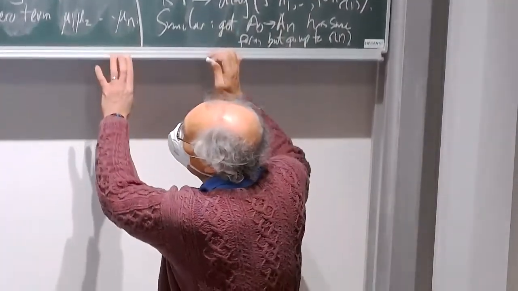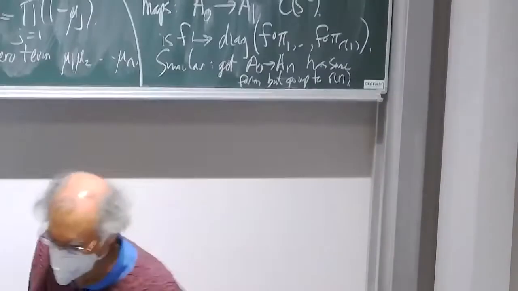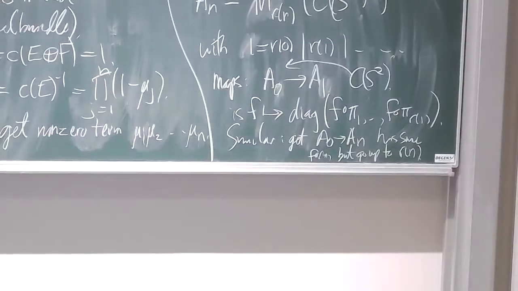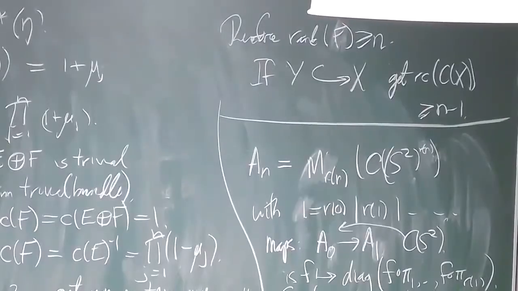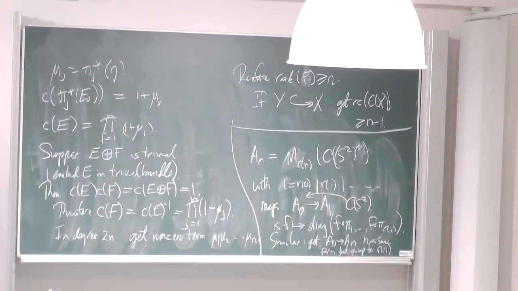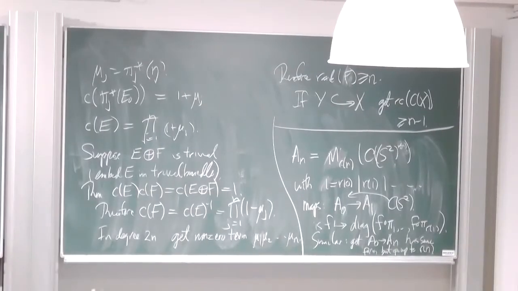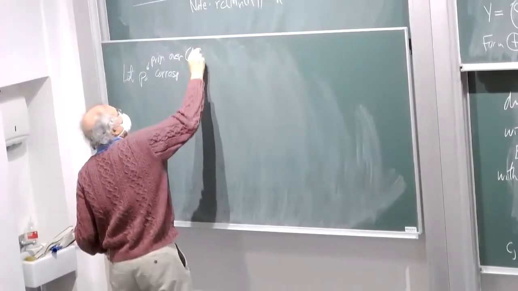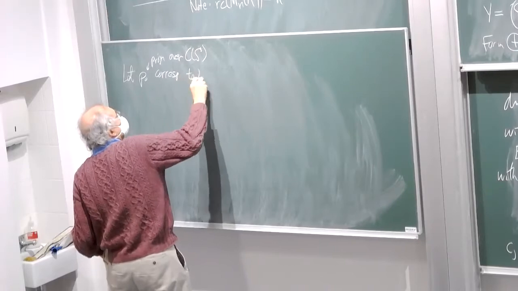Okay, so I guess I will put that up and not use that board. Back over here. Okay, now I'm going to ignore the fact that in the notation I'm supposed to do these things in matrices. So I'll let P0 correspond to the projection over C of S2 corresponding to E0.